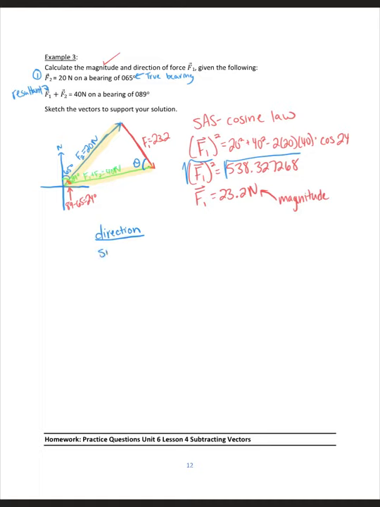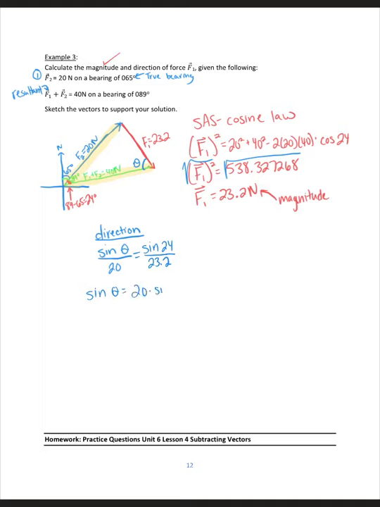So we're going to set up sine law in order to find our direction. So I know that the sine of theta divided by the side across from it, which is 20, is going to be equal to another side angle pair. So we'll take the sine of 24 degrees over 23.2. Okay, I'm going to cross multiply that 20 over to the other side.